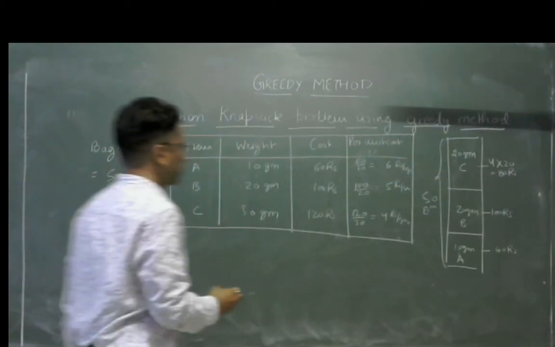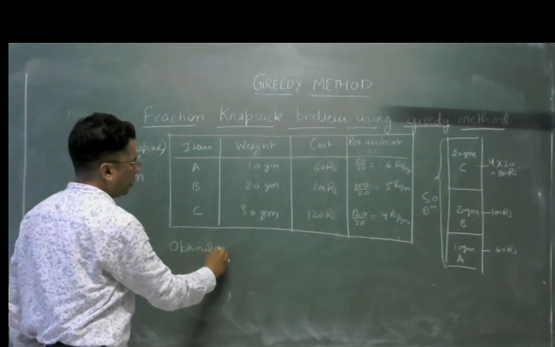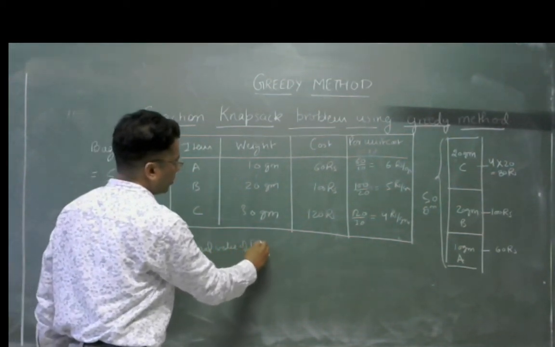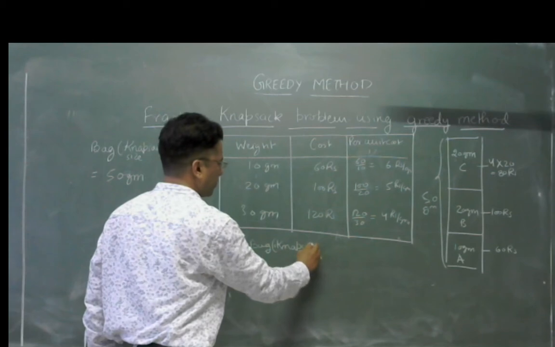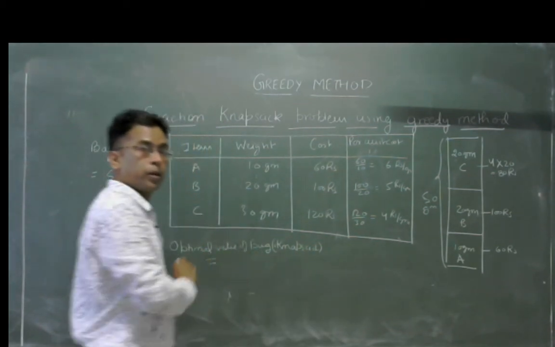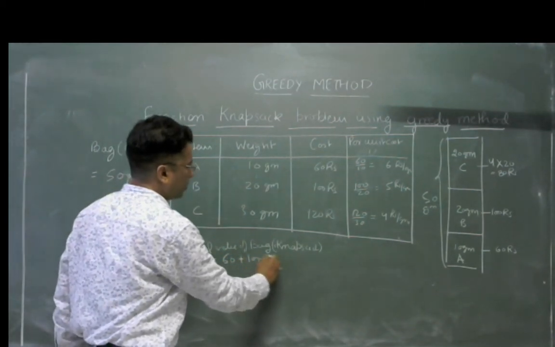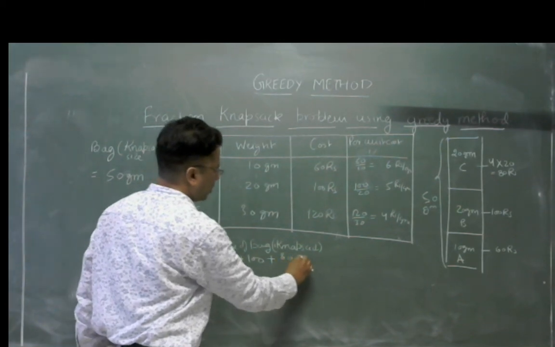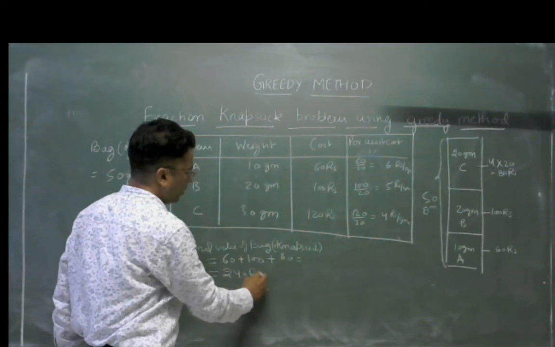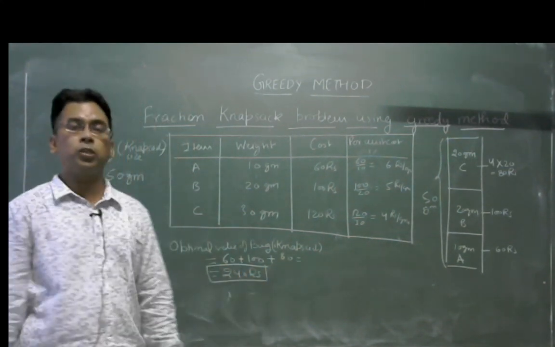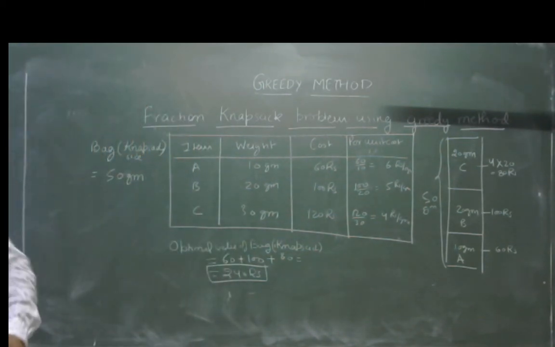So the optimal value of the bag or knapsack is 60 plus 100 plus 80, which is equal to 240 rupees. So this would be the solution.